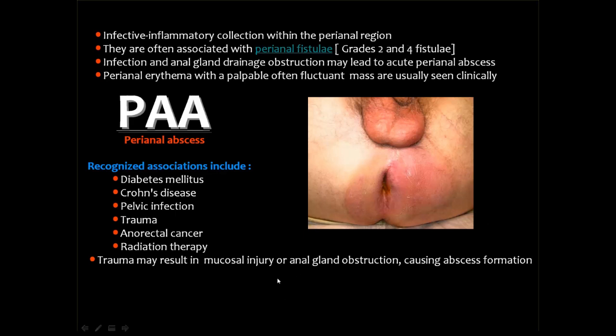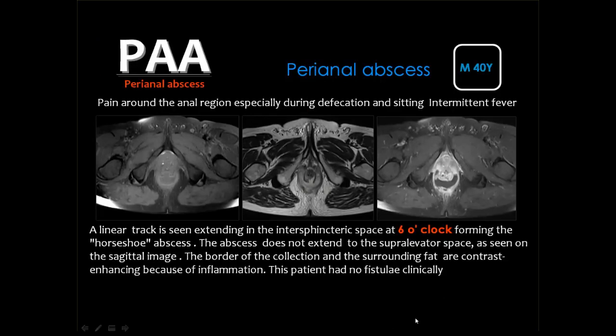The causes or the associations for this inflammatory condition are diabetes, Crohn's disease, infection, trauma, anorectal cancer, and radiation therapy. And trauma may result in mucosal injury and obstruction of the anal glands, causing the development of an abscess.